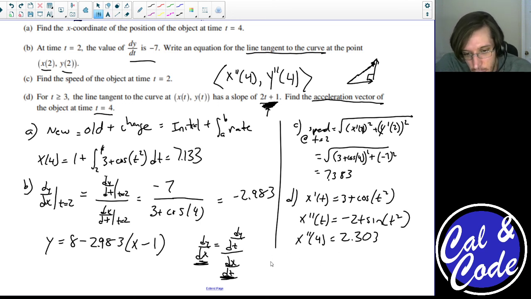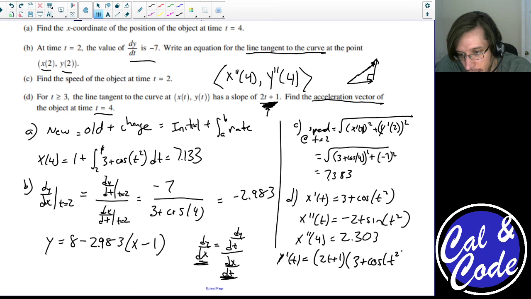So I can solve this and say y prime is dy/dx, which is 2t plus 1, times dx/dt, which is 3 plus the cosine of t squared. Now, I'm not going to work this whole derivative out by hand, but if you do the second derivative of this at 4, then you get 24.814.